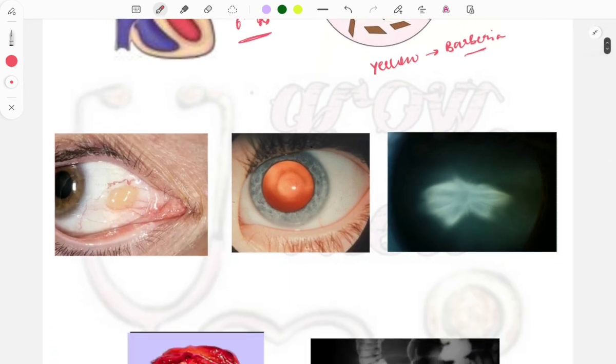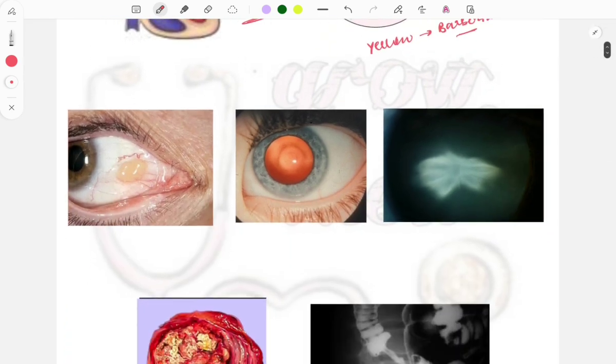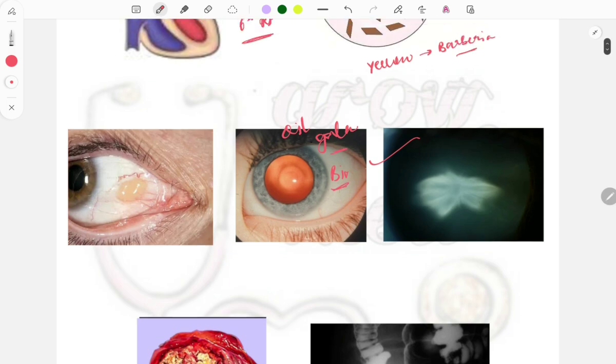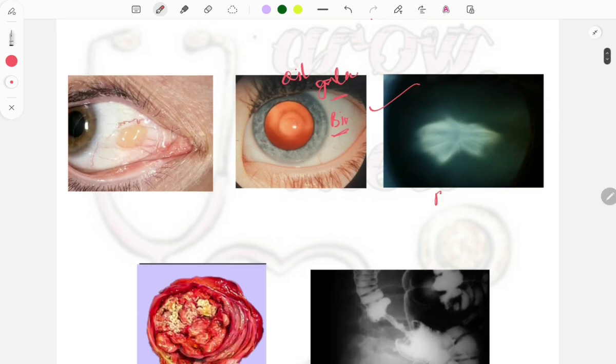Then let's discuss three important images from ophthalmology. This is also a quite famous image, asked repeatedly multiple times, and this one also. These two are cataracts. This one is the oil drop cataract seen in galactosemia, which can be asked in integration with biochemistry also, because galactosemia is a defect in carbohydrate metabolism. The other one is the rosette cataract, and this is seen with blunt trauma.